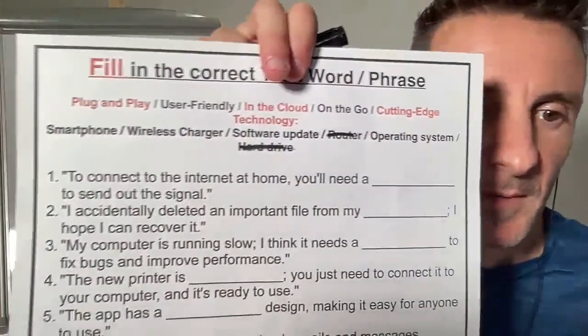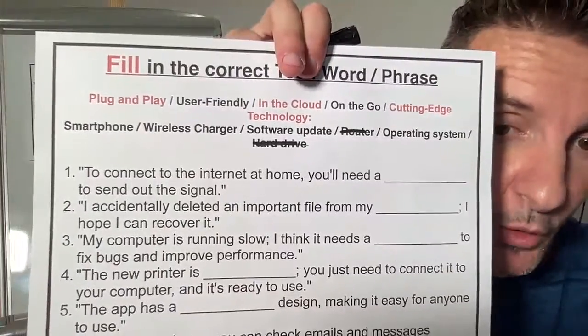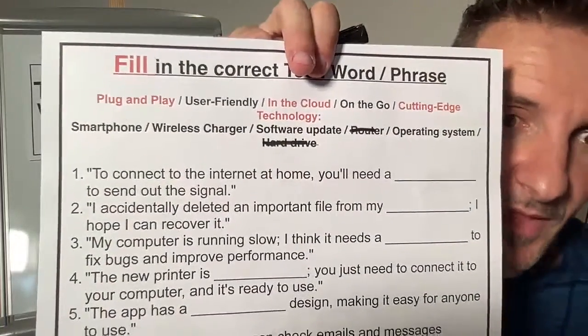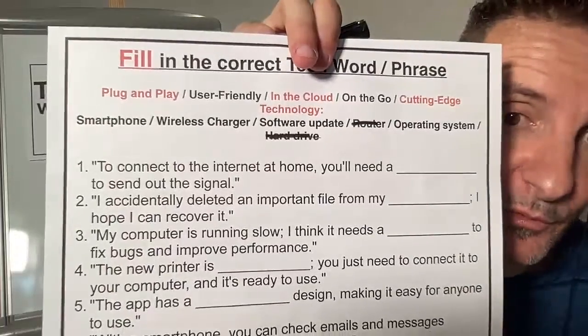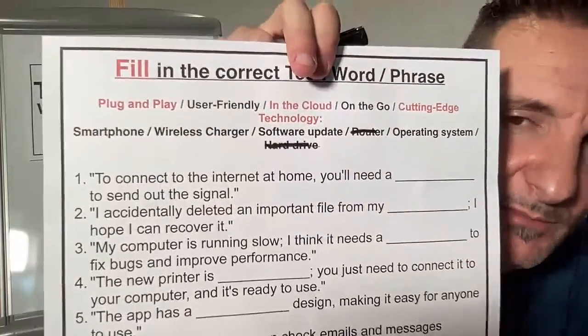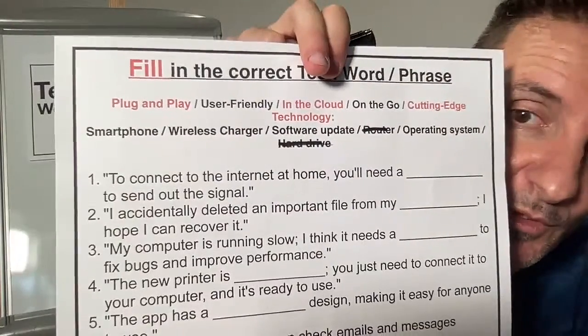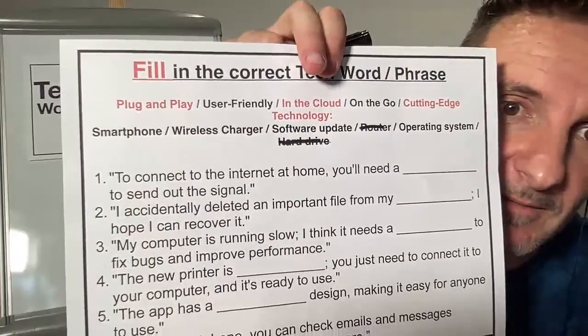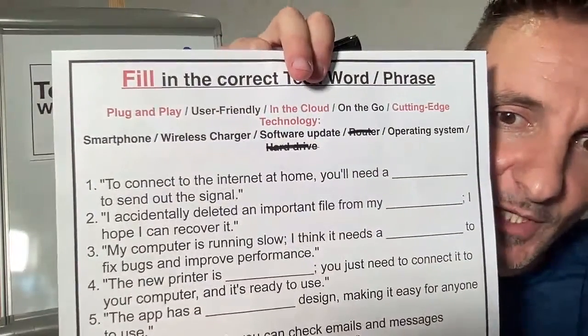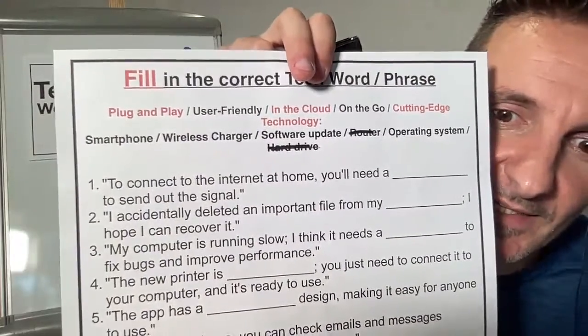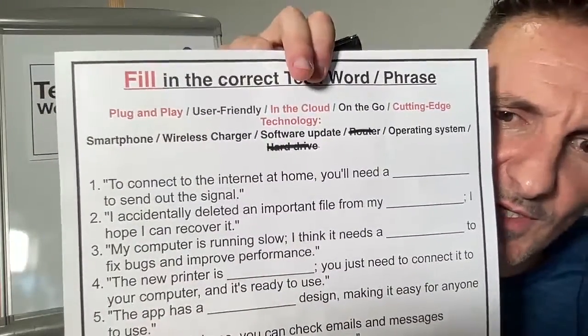Number 3. My computer is running slow. I think it needs a something to fix bugs and improve performance. What do I need to do to make my computer faster? What do I need to do to make my computer run much quicker? I need a, here we go, everyone's getting it. Krishnamurti's got it, Mercia's got it, Lovely England's got it, Luan's got it, Mustafa's got it.